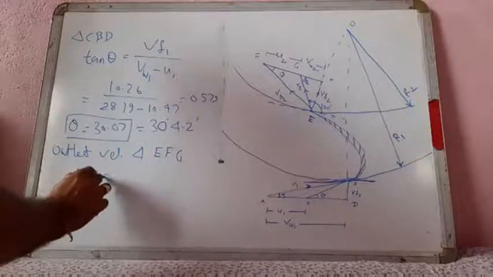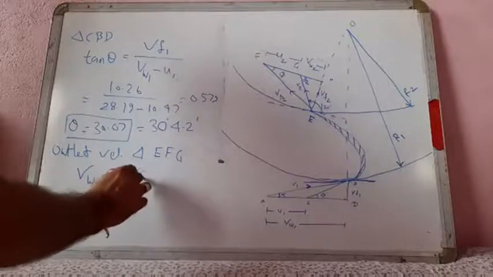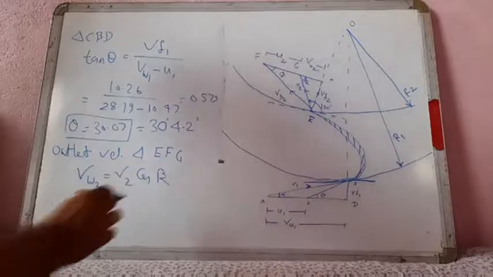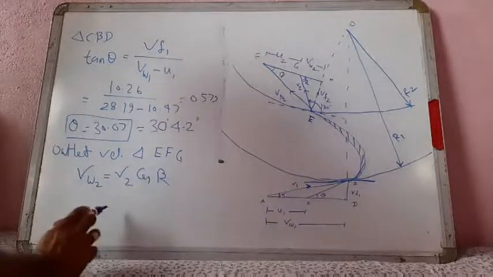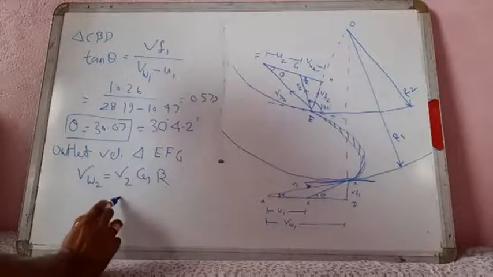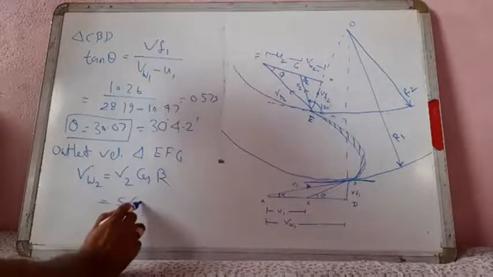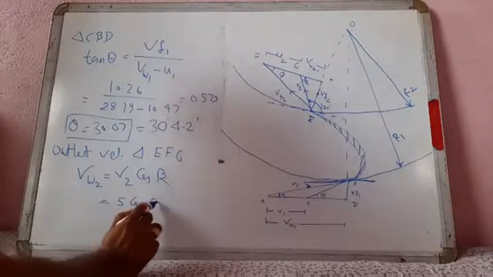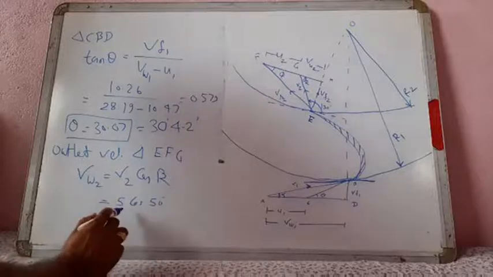Putting the values, the value of V2 is 5 cos 50.